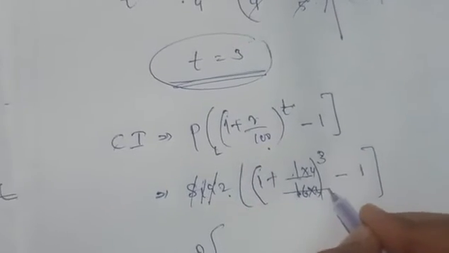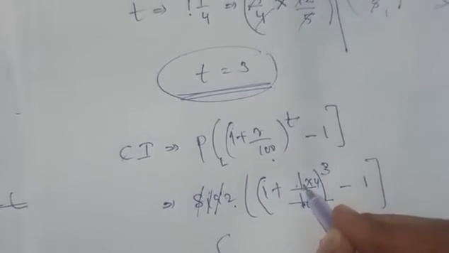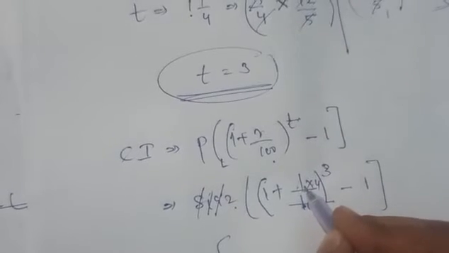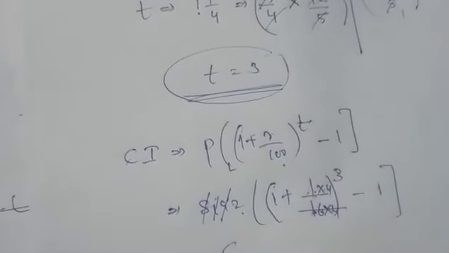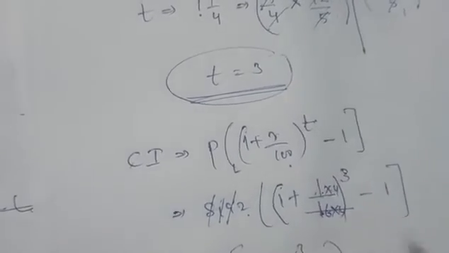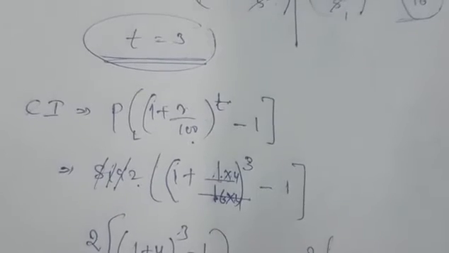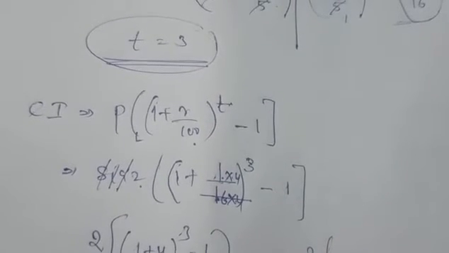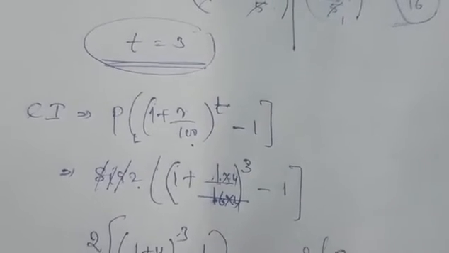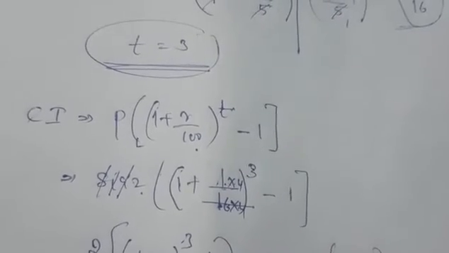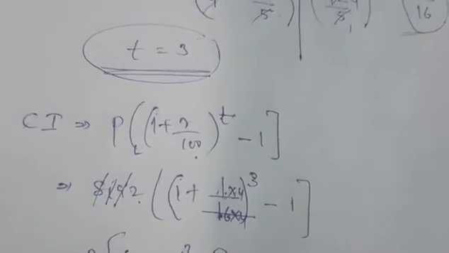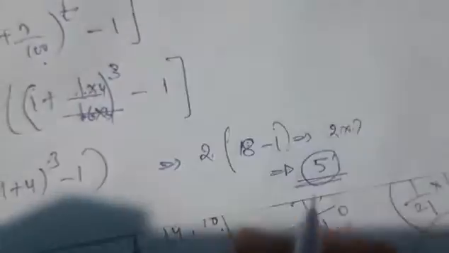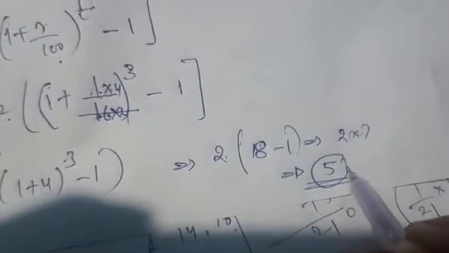Okay, here 4 plus 1, 5 whole cube means 125, digit sum is 8, minus 1 is 7, into 2, 2 into 7 is 14, so the digit sum must be 5. In whichever option you get digit sum as 5, that will be my answer.